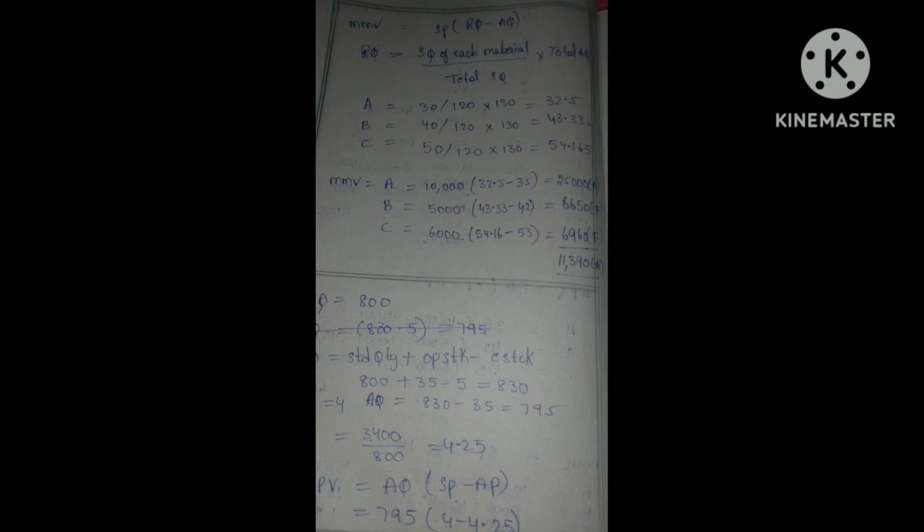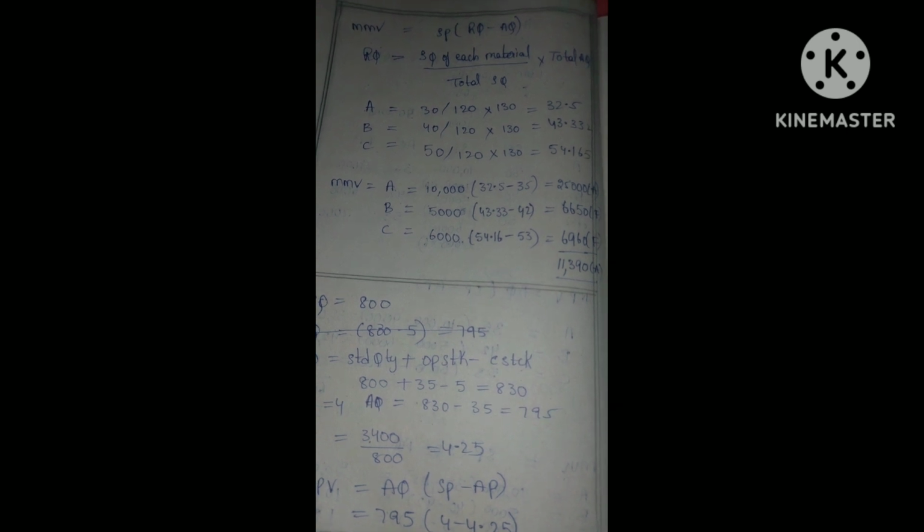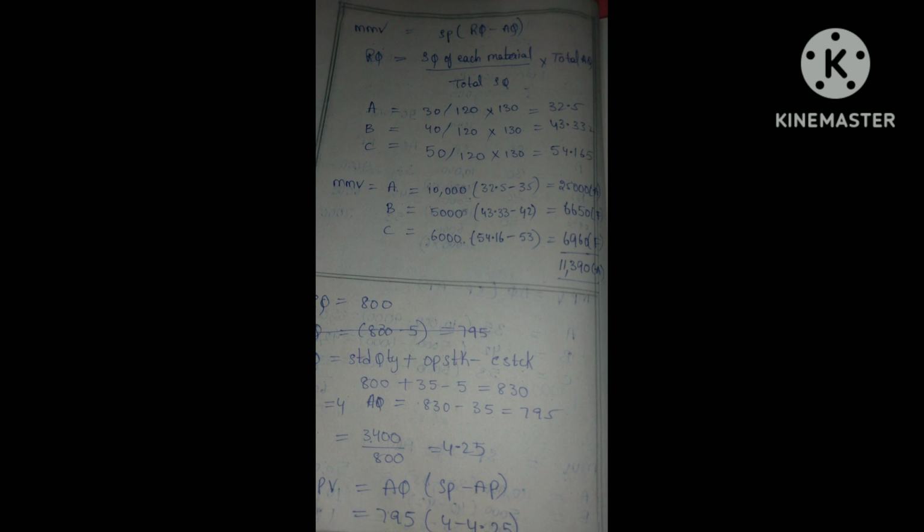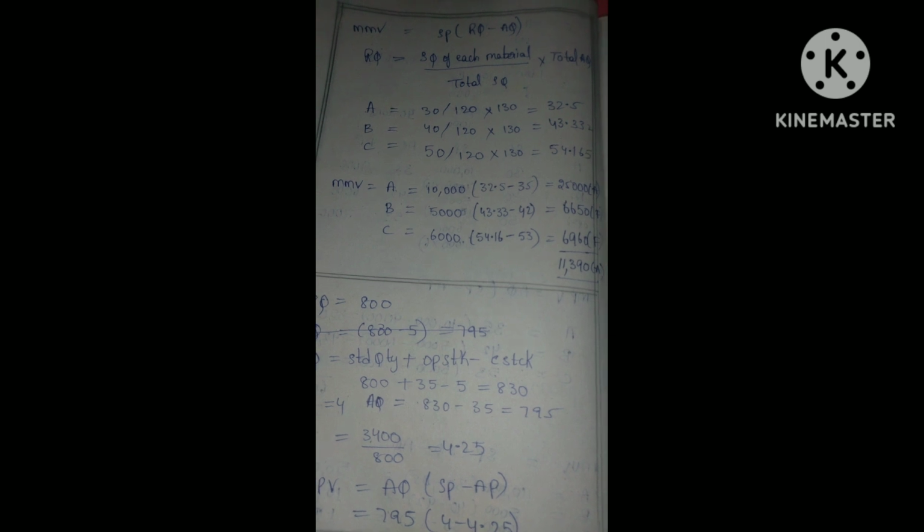In material C, standard quantity is 50, so 50 divided by 120 into 130, we will get 54.165.